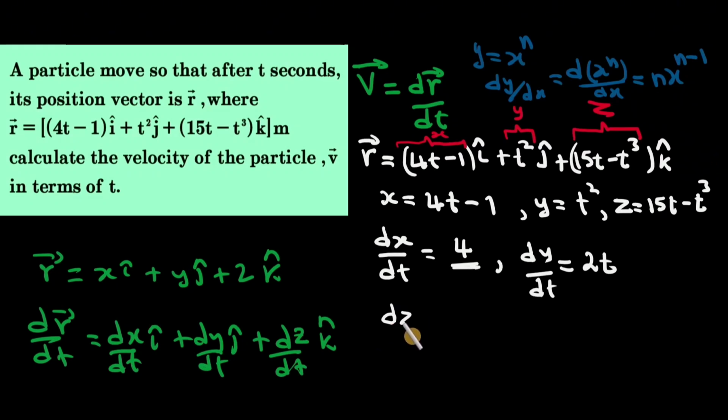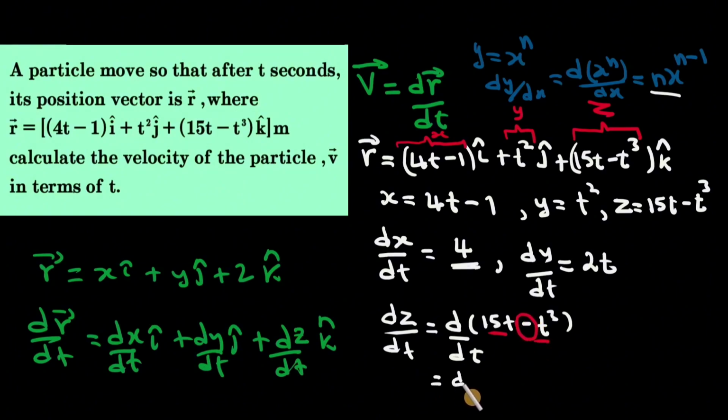Now the differentiation of z with respect to t. You know, z is equal to 15t minus t cubed. That means I'll have the differentiation of 15t minus t cubed with respect to t. To differentiate this, I need to split into terms. There are 2 terms separated by a negative sign. So here I'll have the differentiation of 15t with respect to time minus the differentiation of t cubed with respect to t.